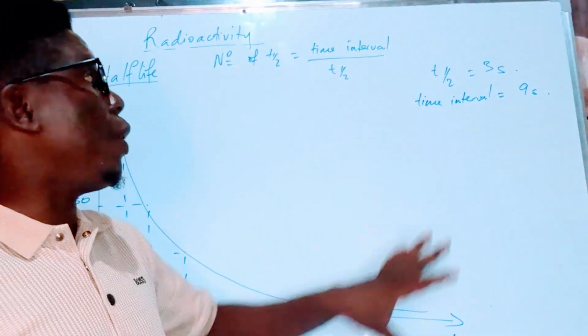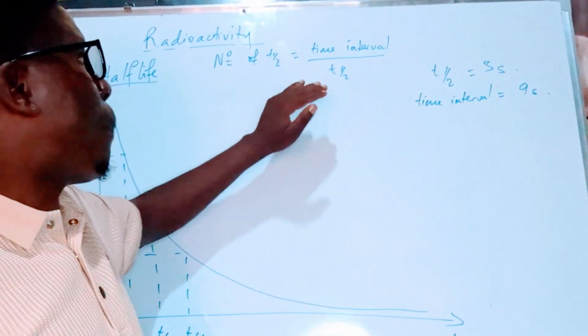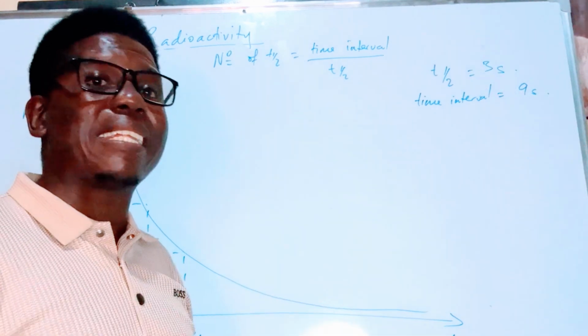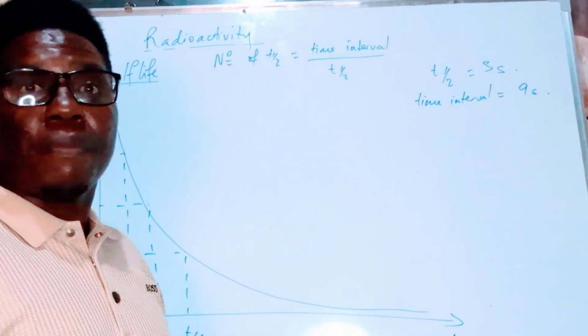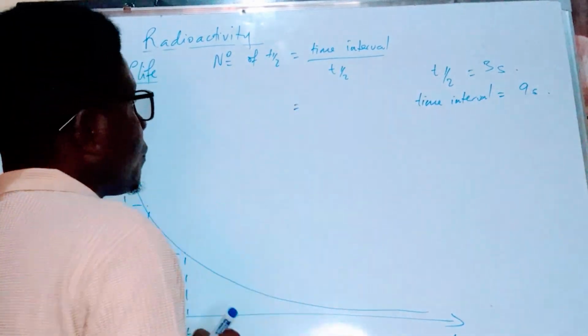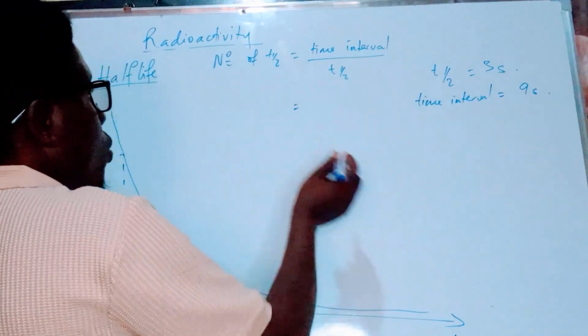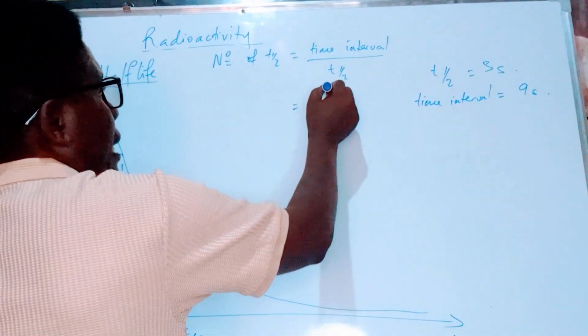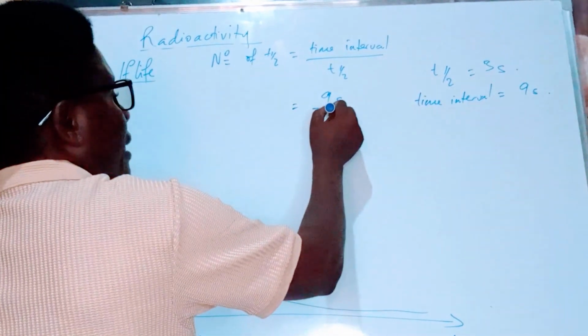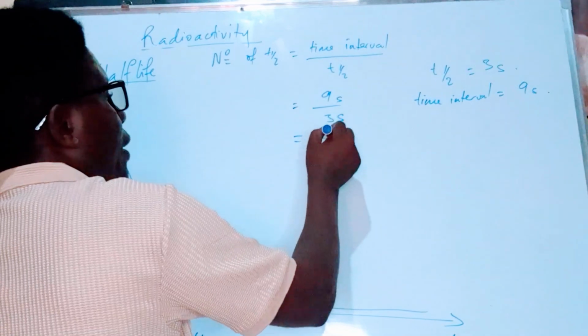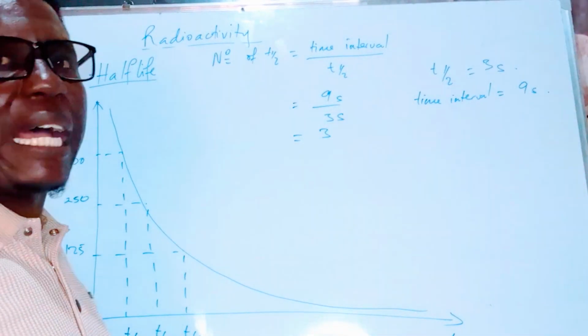Okay, so we will take this data and put it into our formula so that we get the number of half-lives that have elapsed. So here we have a time interval, 9 seconds, divided by 3 seconds. So we're going to have 3 half-lives.